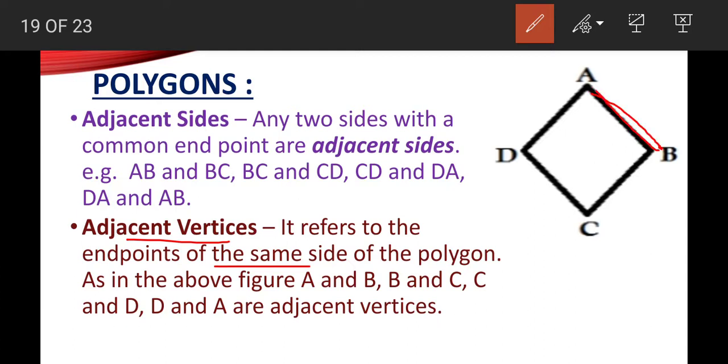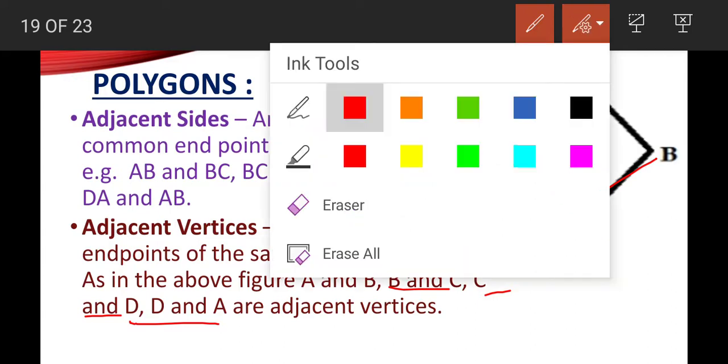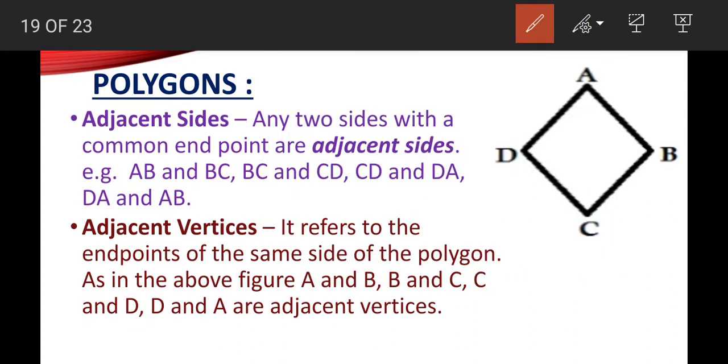Suppose I am taking the side AB, the vertices are A and B, so A and B are adjacent vertices. Similarly, for side BC, B and C are adjacent vertices. For CD, C and D are adjacent vertices. For DA, D and A are adjacent vertices. Two vertices of the same line are known as adjacent vertices. And adjacent sides are two sides having one common vertex.